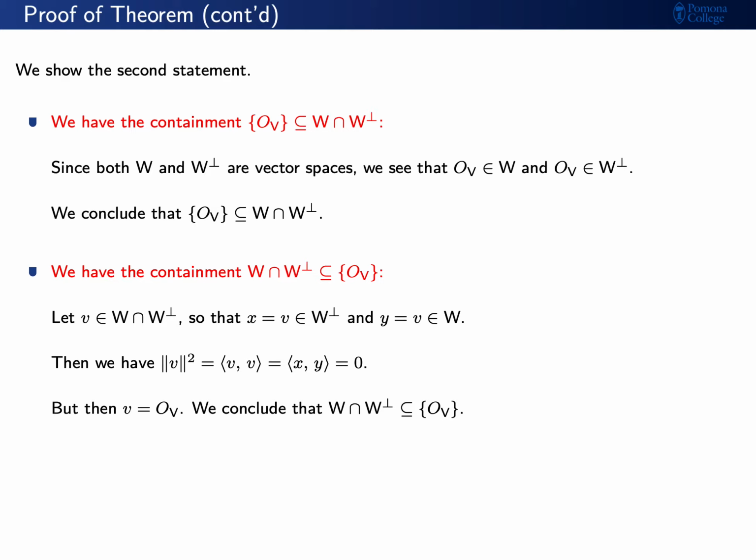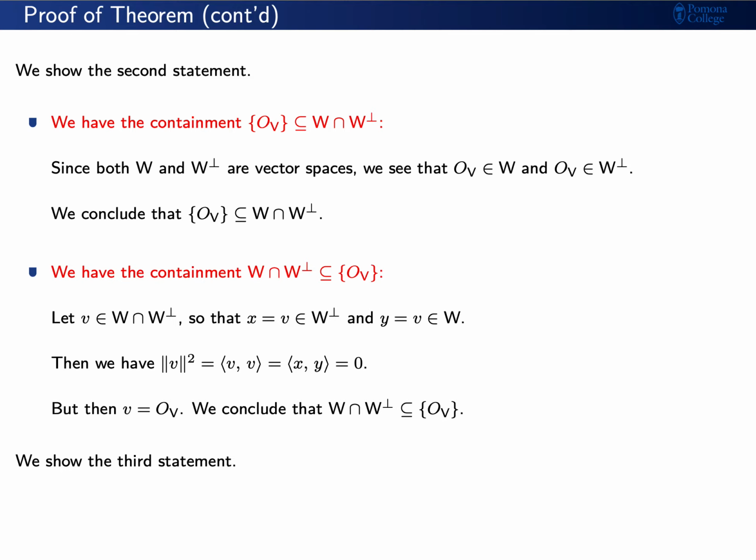This is because the definition of W perp is that for any vector x in W perp, the inner product of x with y is 0 for any y in W. But now the norm of v must be 0 as a scalar, so v itself must be 0 as a vector. So we conclude now that any vector in the intersection must be the 0 vector.